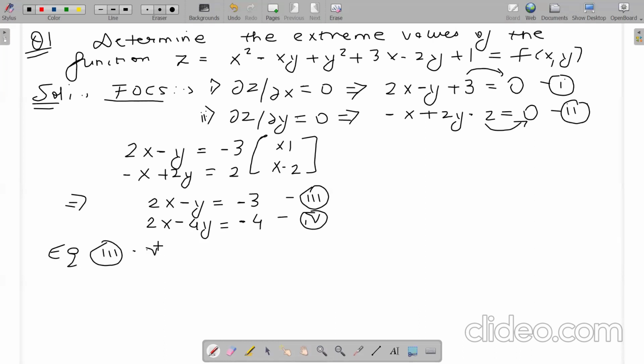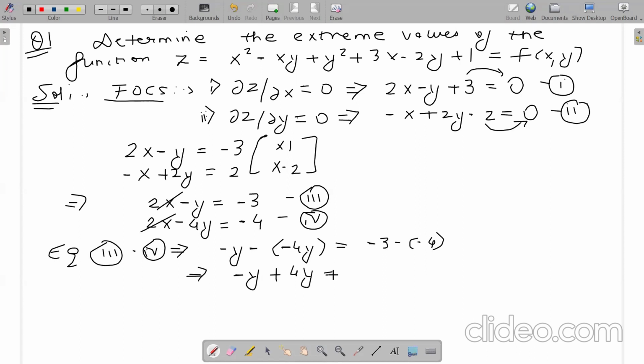So 2x and 2x cancel out. Minus y minus of minus 4y is equal to minus 3 minus of minus 4. So I get minus y plus 4y is equal to minus 3 plus 4. 4y minus y is 3y. 4 minus 3 is 1. So I get y as 1 over 3.